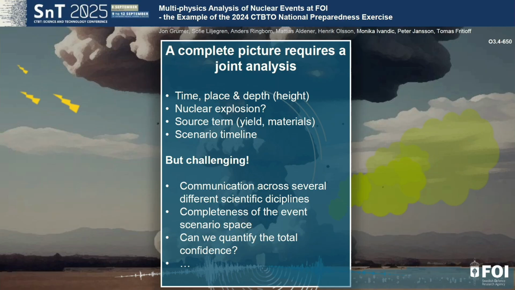And then you would like to say something perhaps about the source term, the yield of the event if it was an explosion, and perhaps also about what type of materials have been used in the weapon, let's say. And in the end, of course, you want to work out a full, complete scenario timeline that you can report to whatever reporting paths, or whoever wants the information from you, depending on how your institute is set up.